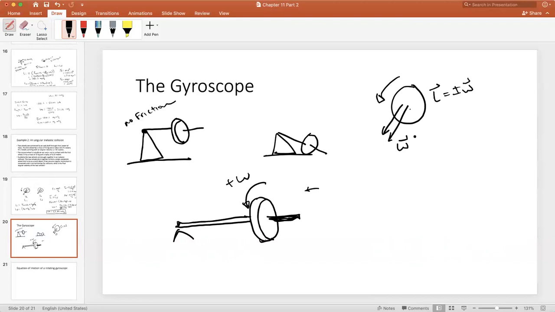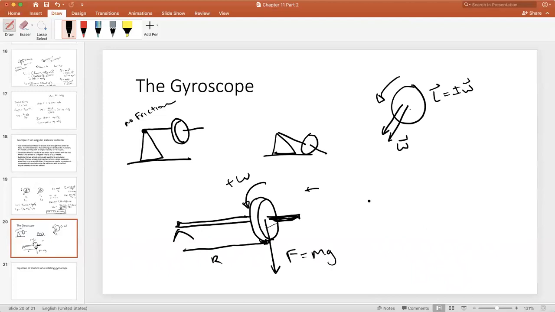And if that happens, from this point to here, you have a radius vector. And from here down, you have a force of gravity, mg.